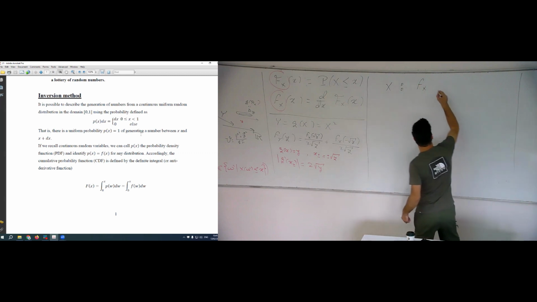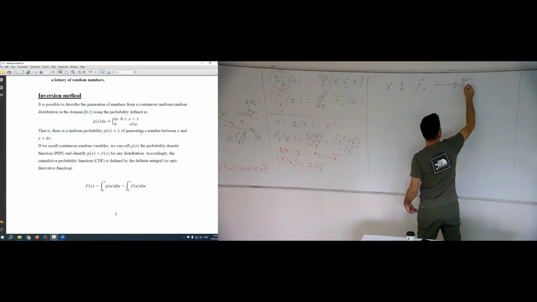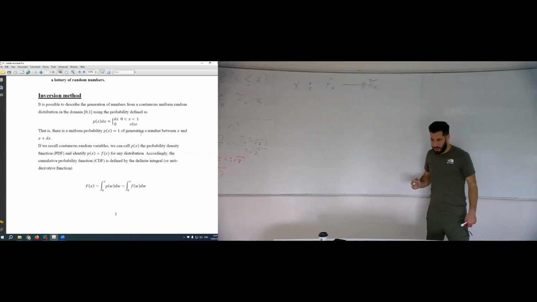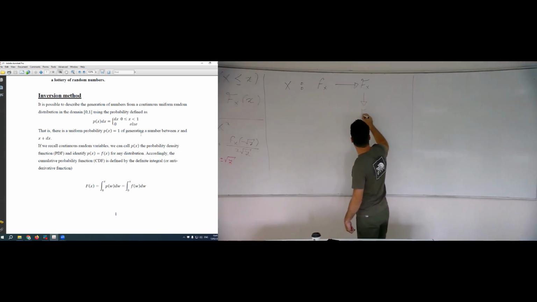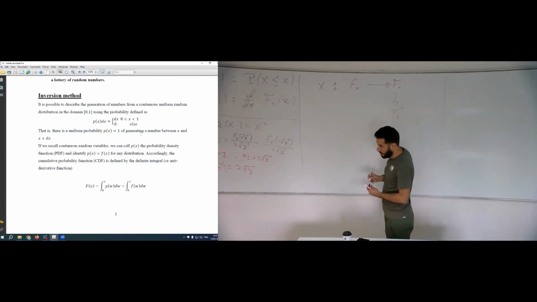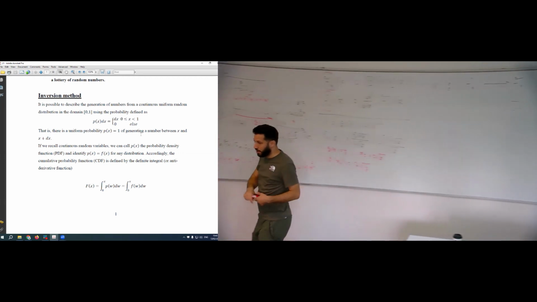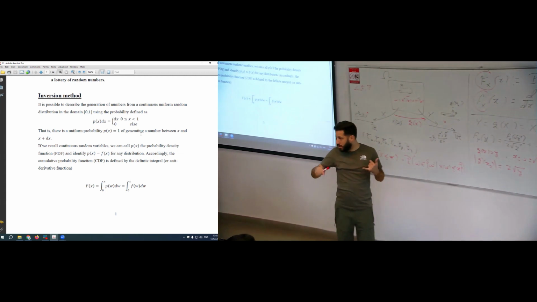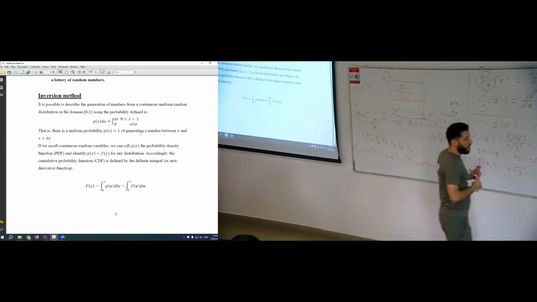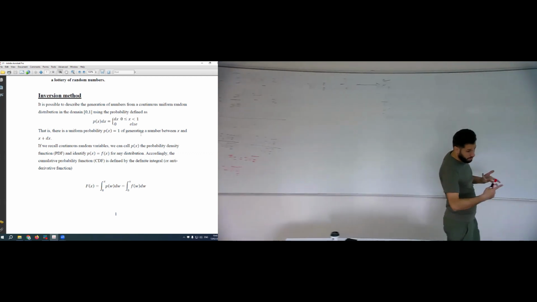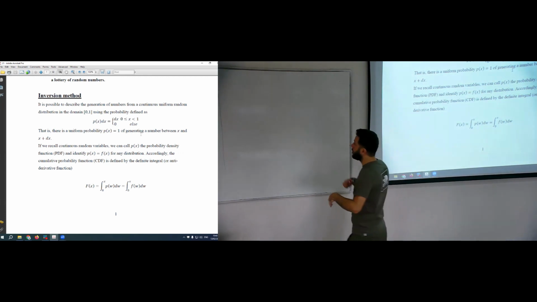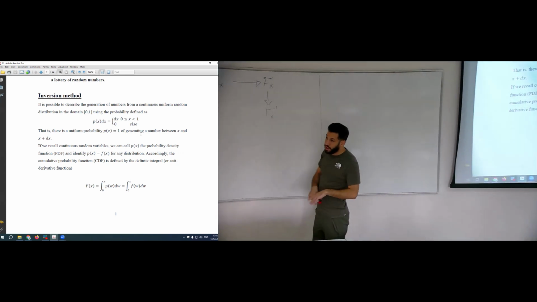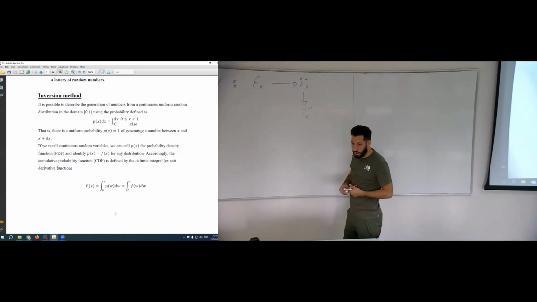And this PDF, I can compute for it its integral, which is the cumulative distribution function. And this function, I also know how to find the inverse function of it, if it's invertible. So I assume three things here. That I can integrate over fx and find a closed formula. Then the second is that capital F is invertible in some domain that I want to ask about. And this inverse function, I can write down as a closed formula.